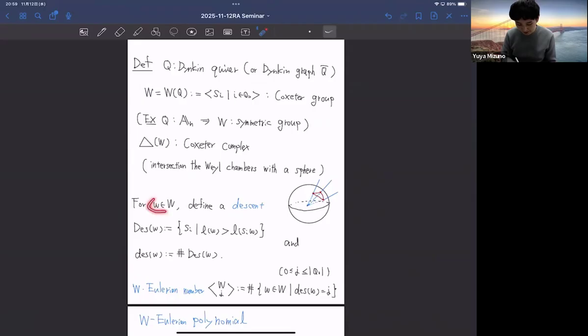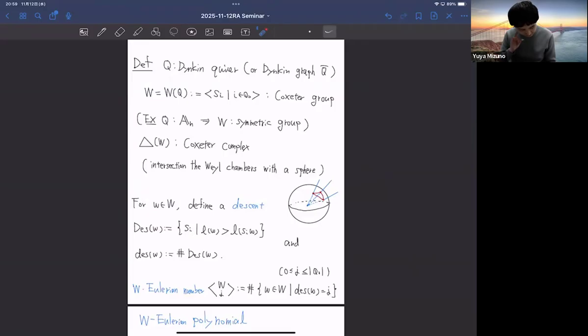And for a given element w, we can define the descent. This is the set of simple generators s_i which make the length become shorter. Namely, if we consider the multiplication of simple generators with this w, the length always becomes shorter or longer. If this element becomes shorter, we call this a descent.